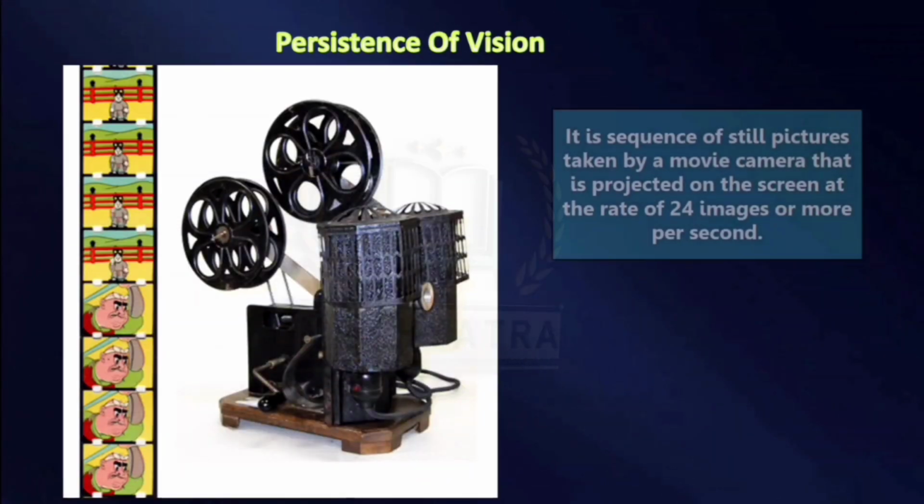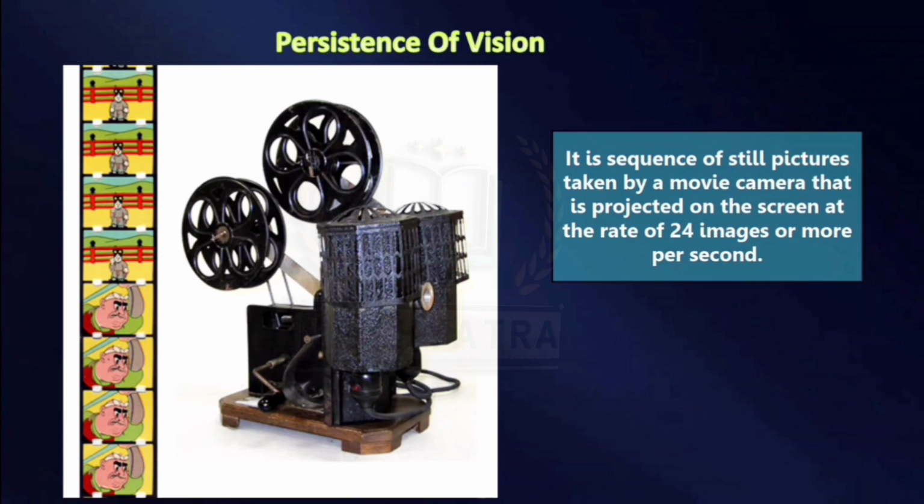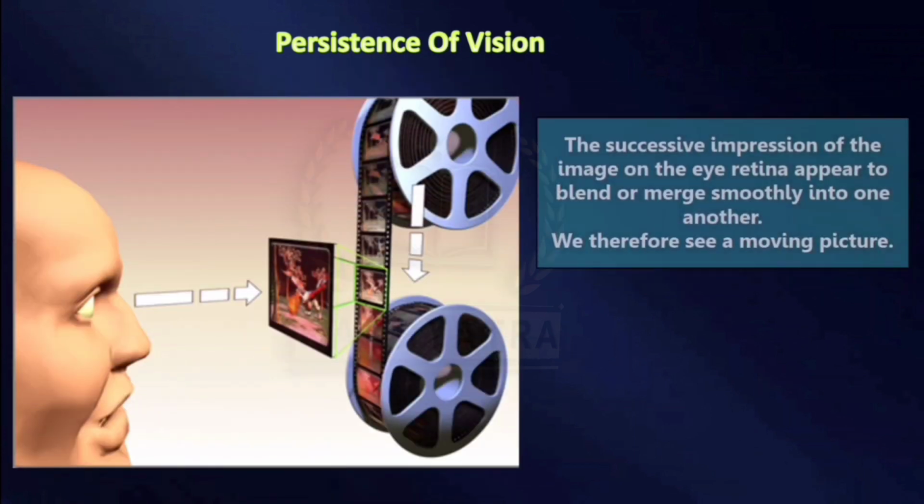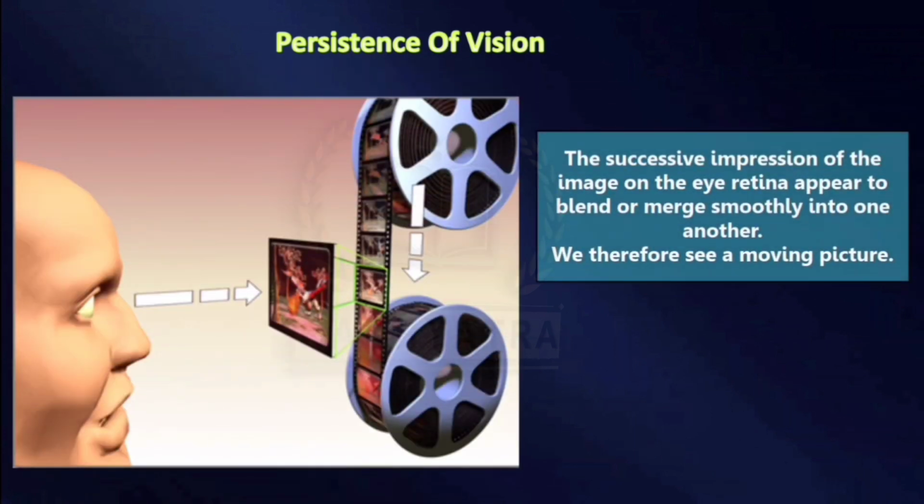Now see, it is a sequence of still pictures taken by a movie camera that is projected on the screen at the rate of 24 images or more per second. The successive impression of the image on the eye retina appear to blend or merge smoothly into one another.